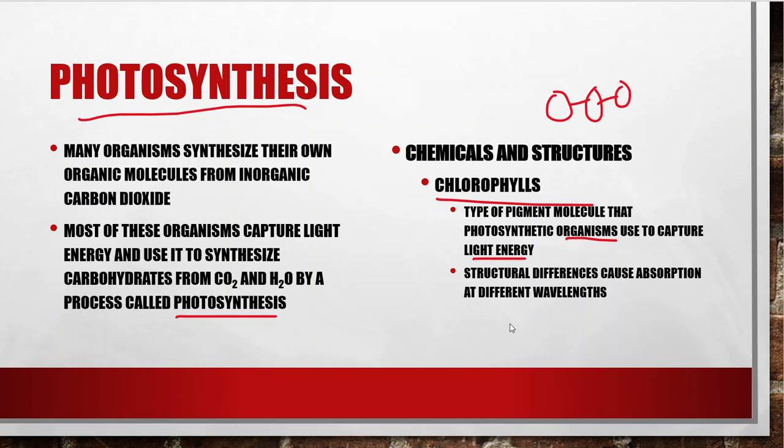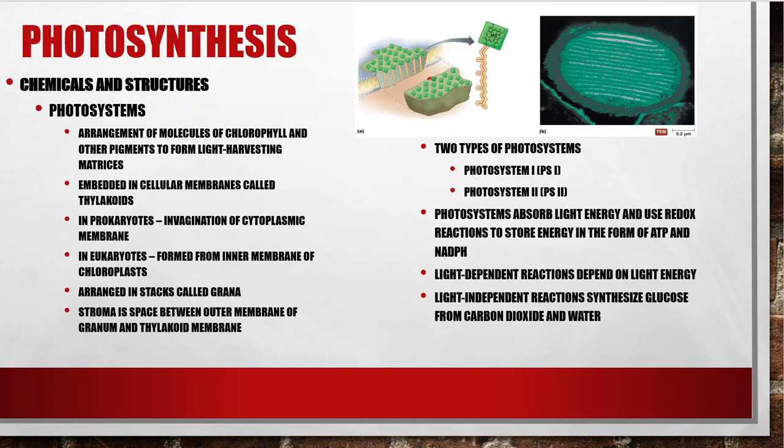This is what these guys do. The way the molecules are arranged in these guys, there's one right there. You can see it right there. It allows these guys to harvest that light energy and use that energy.